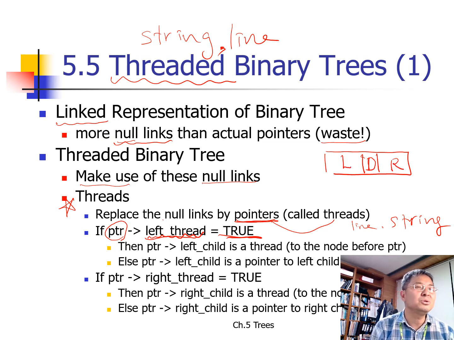That is a usual binary tree node. This is an ordinary binary tree node, but we will have two more additional fields in the threaded binary tree.